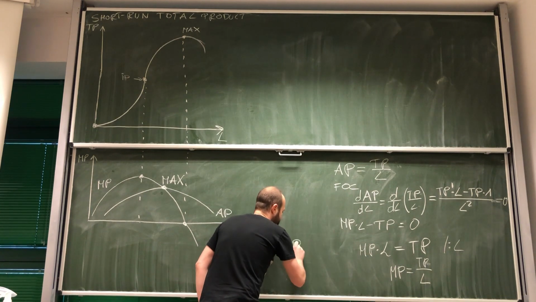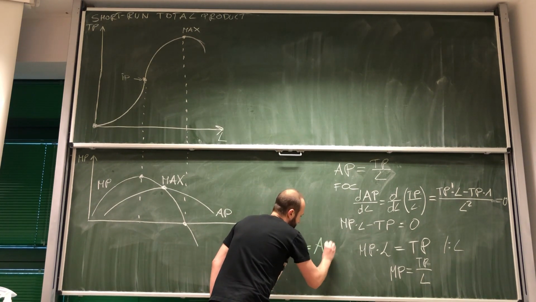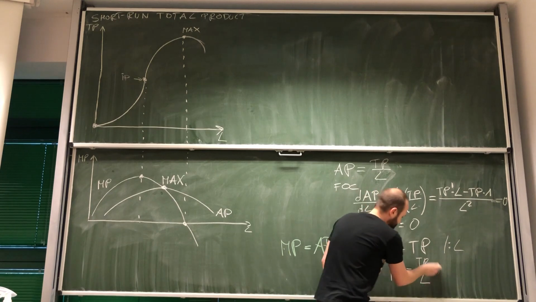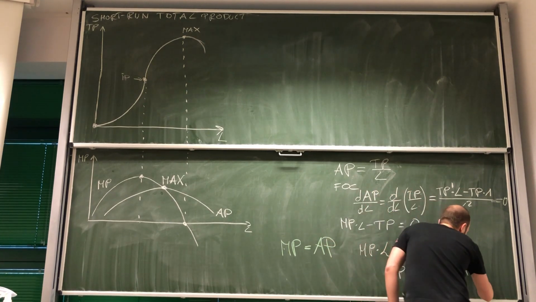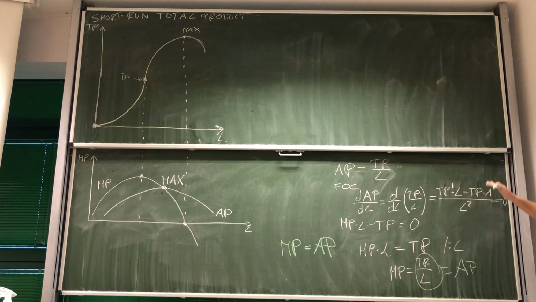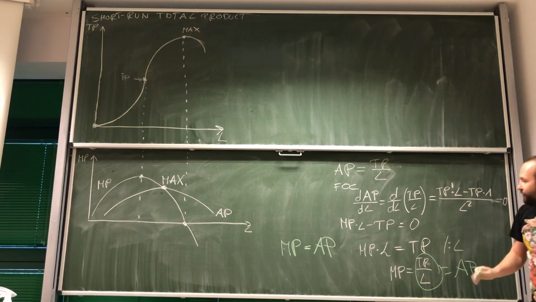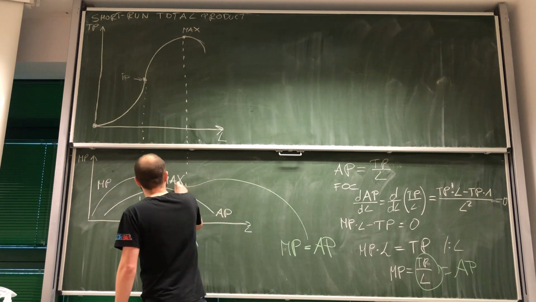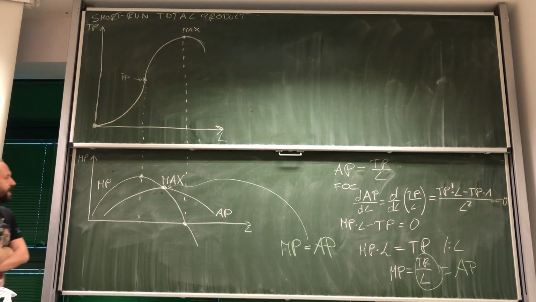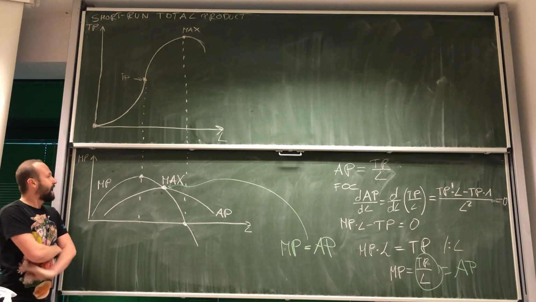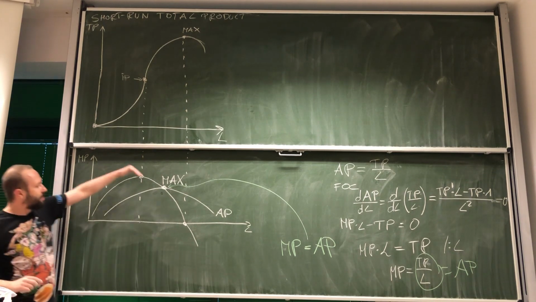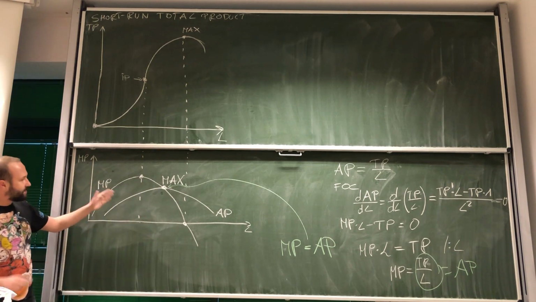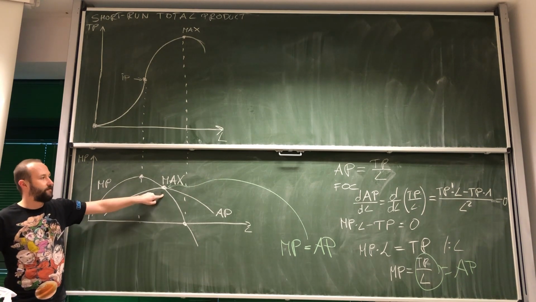Marginal product is equal to average product, because this is the average product by definition. So look, we got only from the first order condition that the average level of production of the company is maximized at the exact point where marginal product is equal to average product.